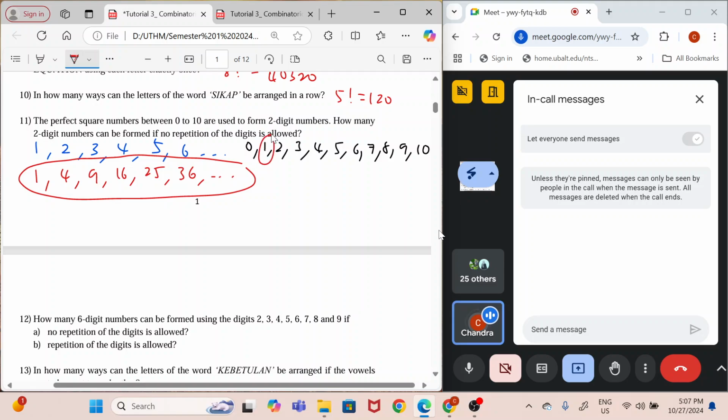How many numbers? 1, 4 and 9. So you have to choose from these three numbers, used to form a two digit number. So 3, 2. Answer is 6. That is the answer.